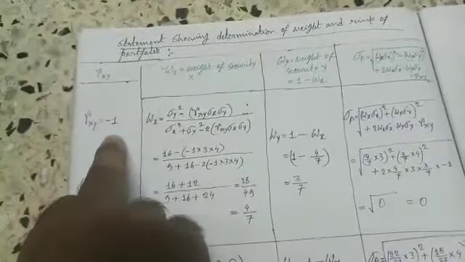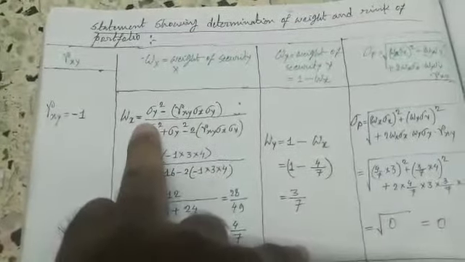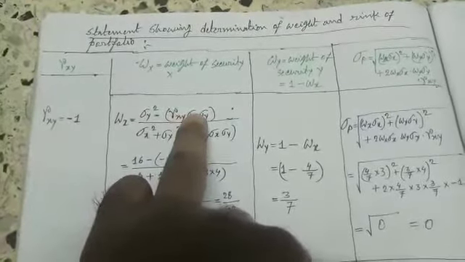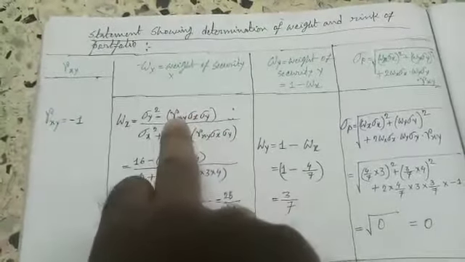Now, for Rxy equal to minus 1, here we have to use the common formula for determination of the weight of security X, that is sigma y square minus Rxy into sigma x into sigma y, that means it is the cov xy.